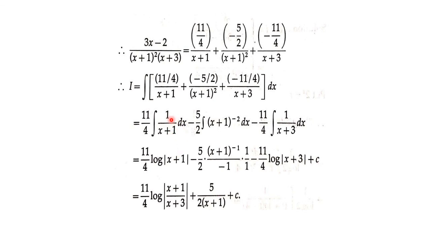So how? We know that integration of 1 by x is log x. So similarly integration of 1 by x plus 1 is log of mod of x plus 1, into minus 5 by 2 into x plus 1 raised to minus 2, which means after integration, minus 2 plus 1, minus 1 upon minus 1, minus 11 by 4 as it is into integration of 1 by x plus 3, which is log of mod of x plus 3 plus c.